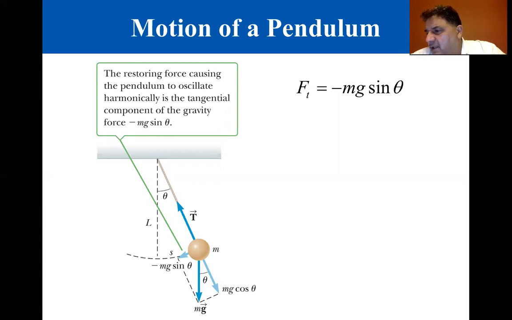So we are looking for a similar expression involving s, where F sub t is the force acting in a direction tangent to the circular arc.